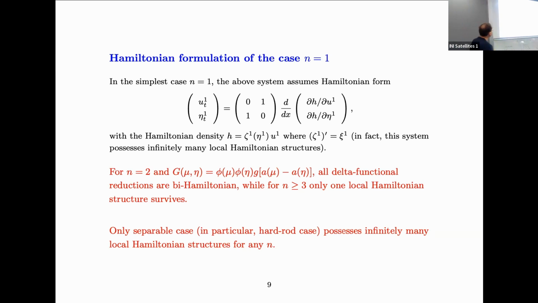All right. For n equals 2 and interaction kernel G given by this formula, all delta functional reductions are bi-Hamiltonian. They possess two local Hamiltonian structures, right? But for n greater than or equal to 3, only one of these two structures survives. So for general n, you have one local Hamiltonian structure. But there are non-local structures as well.